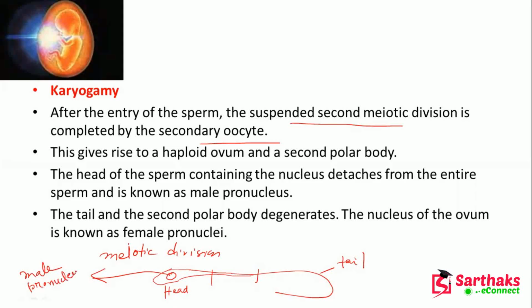The tail and the second polar body degenerate. The nucleus of the ovum is known as the female pronucleus.